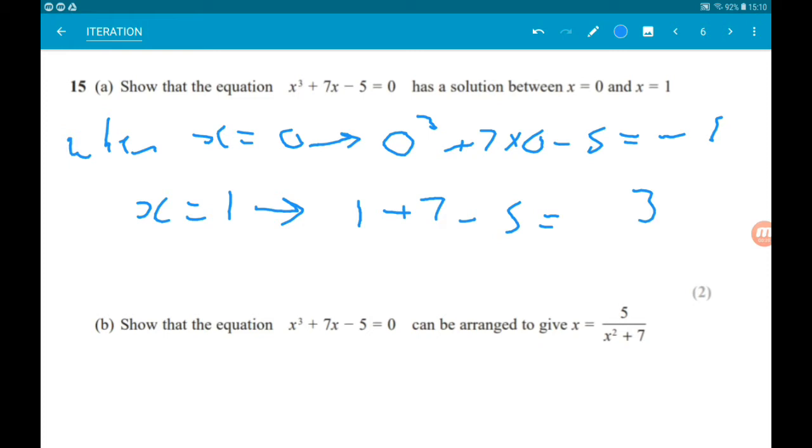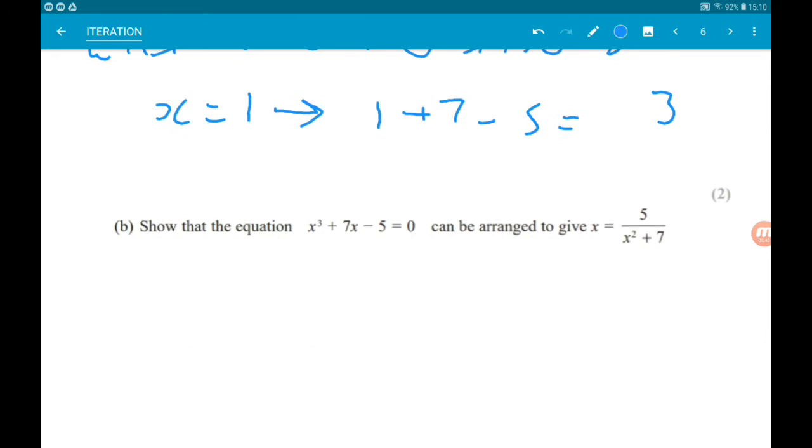Okay, then part B wants us to show that x cubed add 7x minus 5 can be rearranged to give x equals 5 over x squared add 7.